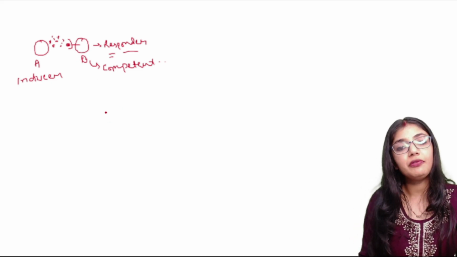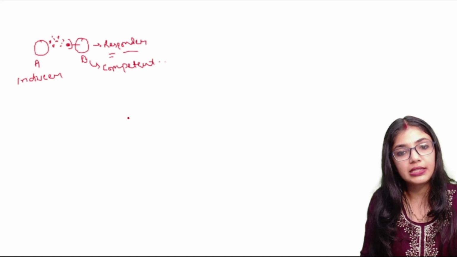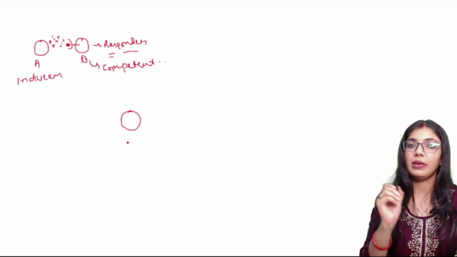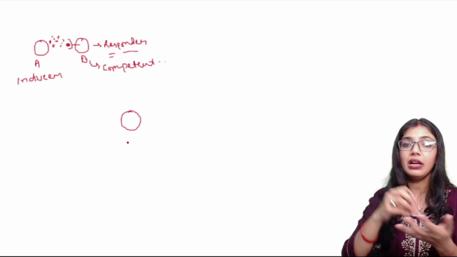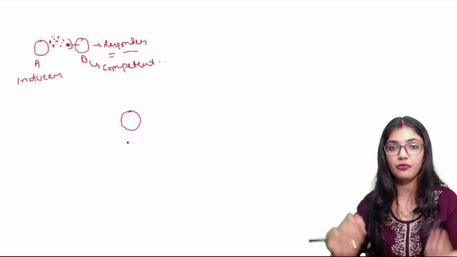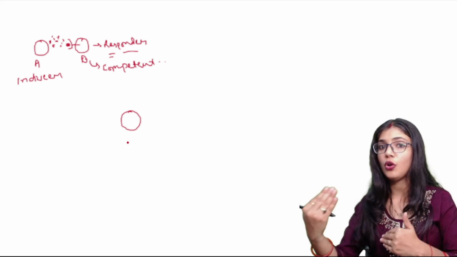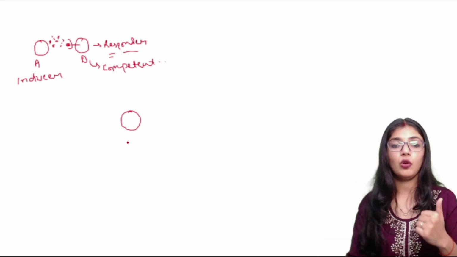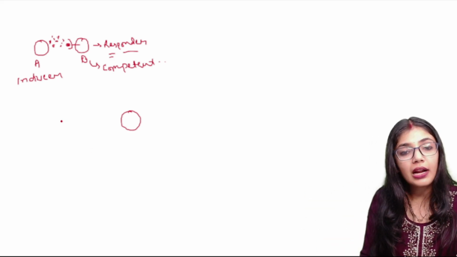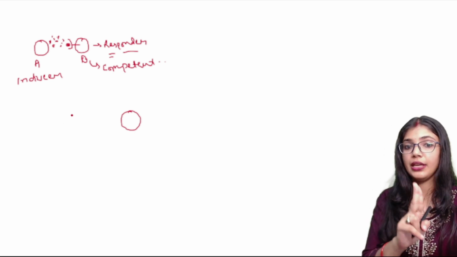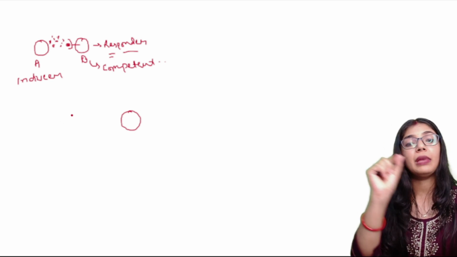For example, suppose this is a cell responsible for forming the lens. But this cell requires some induction, some transcription factors, so that it will be able to produce the lens. There are 2 signals required for this cell to become lens.